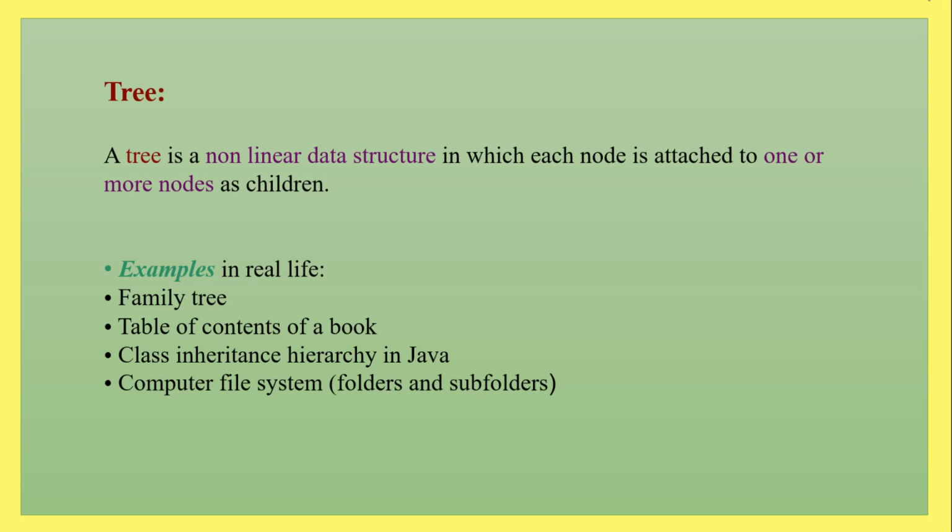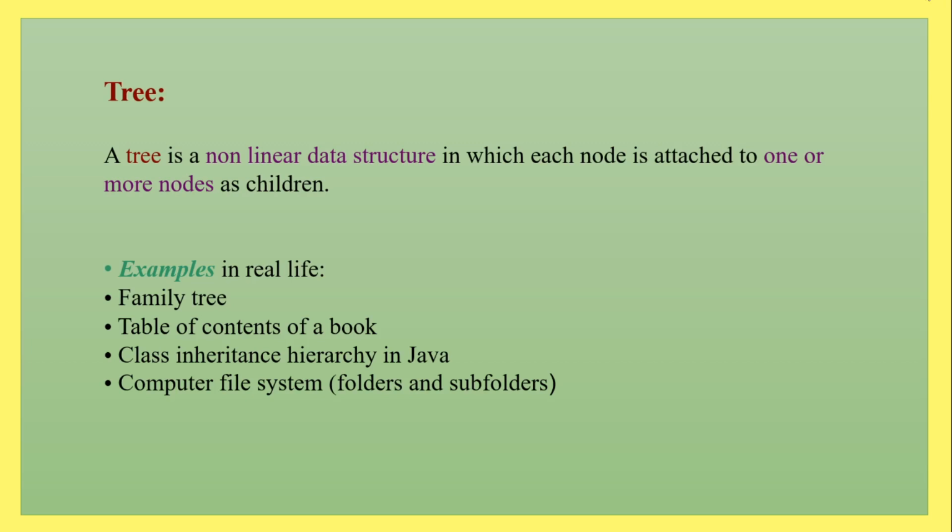For elaborating this definition, we consider real life examples like family tree, table of contents of a book, class inheritance hierarchy in Java, computer file systems. Consider a family tree. In a family, grandparents, parents and children. We represent with grandparents, parents followed by children.